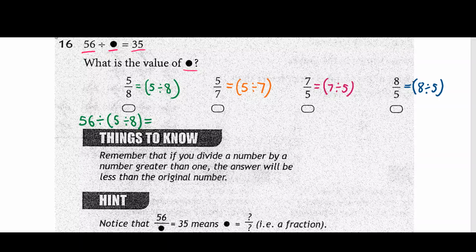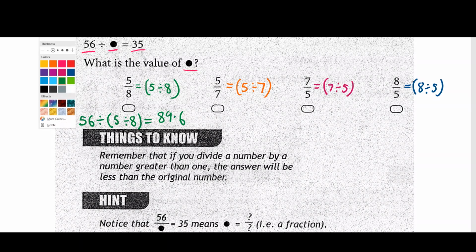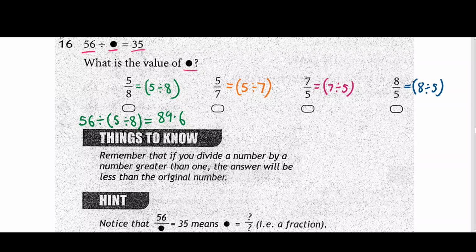So you've got 56 divided by bracket 5 divided by 8, close bracket, and that gives you 89.6. So no, that's not 35. We're looking for it to be 35. So it's not 5 over 8.